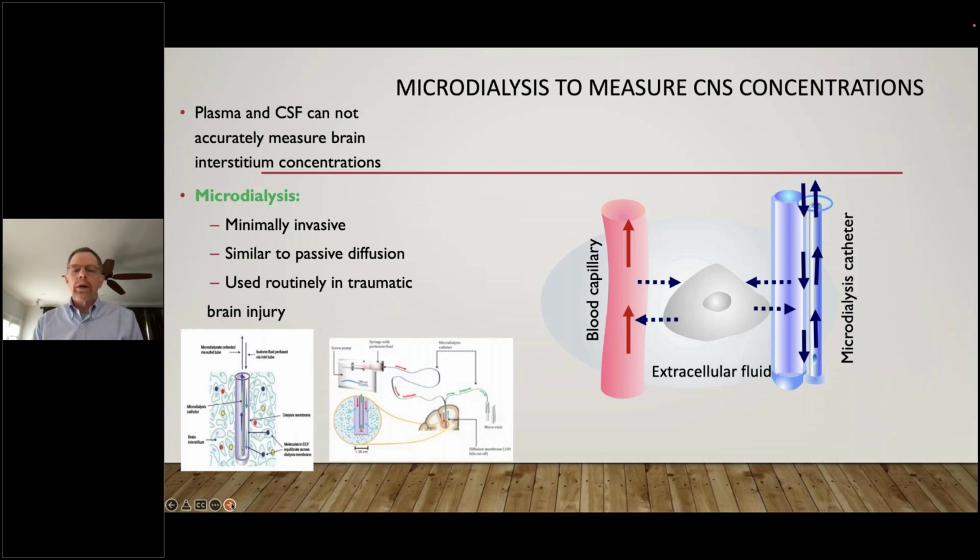Not all agents are amenable to microdialysis. There's a limit on the molecule size, and molecules that tend to be sticky don't really fare well. They wind up sticking to the walls of the catheter. But in the appropriate circumstance, microdialysis is a good way of measuring tissue pharmacology.